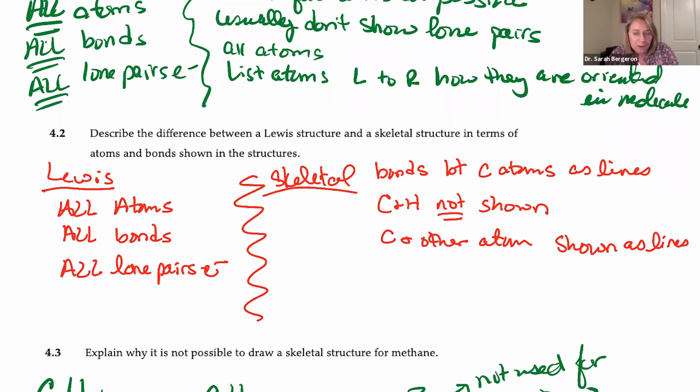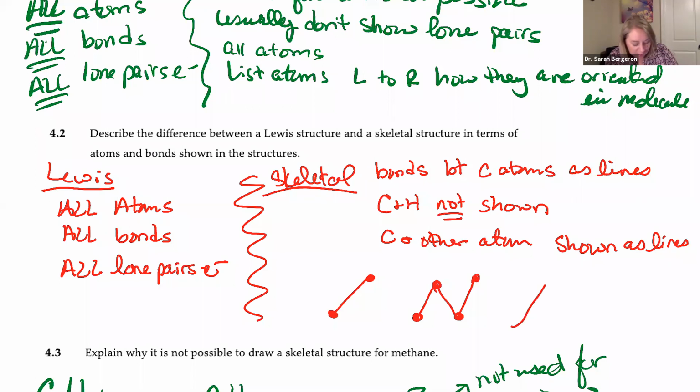So anytime you have a line, it's showing you where 2 lines connect. So if I did this, I would know here and here I have a carbon. And if I did this, I would have 1, 2, 3, 4 carbons, right? So anywhere you have a carbon atom, anywhere where 2 lines meet, or at the end of a line, if no other atom is shown, right?